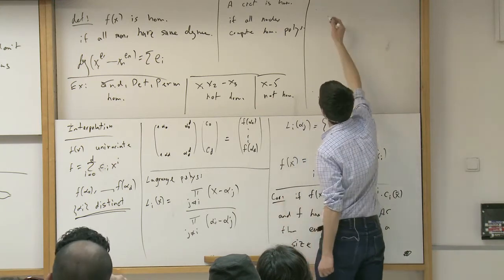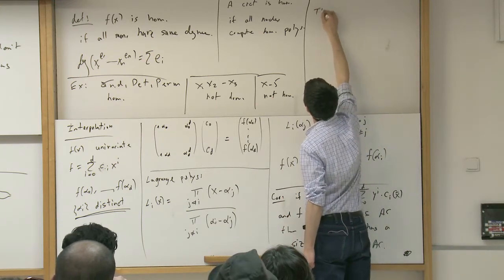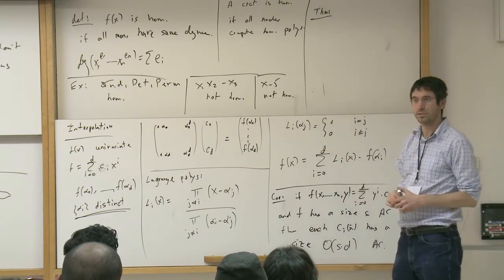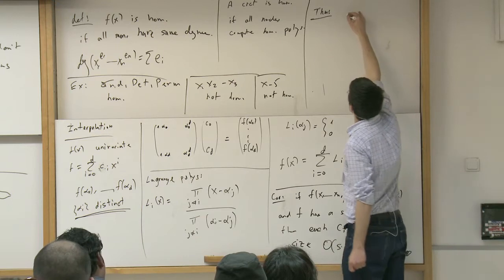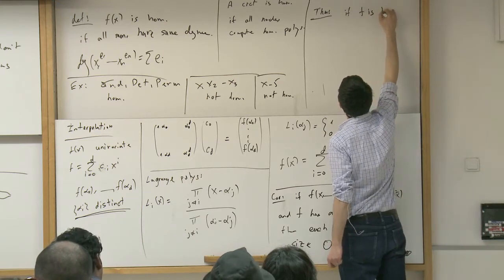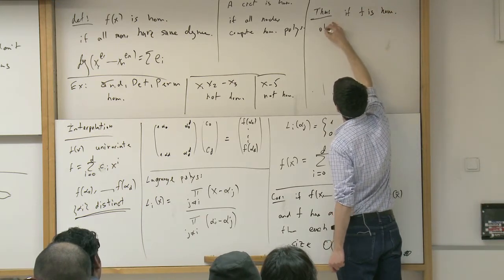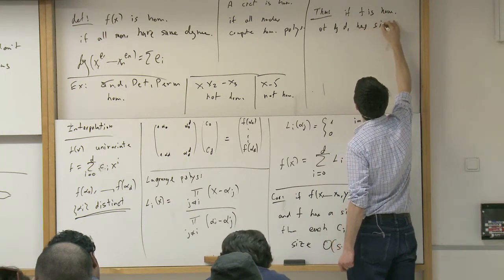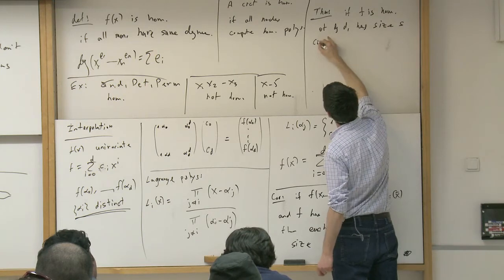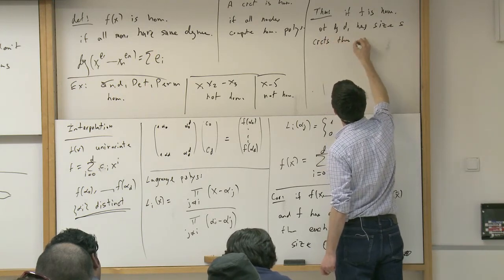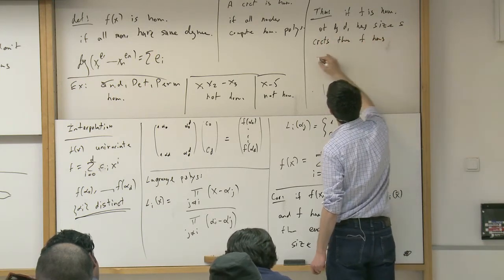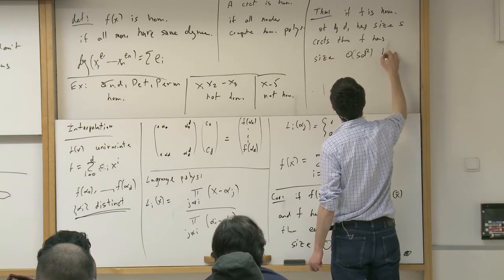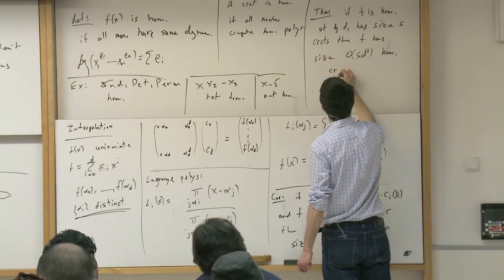And here is a theorem which is very useful and pretty simple to prove: if f is homogeneous of degree D and has size S circuits, then f has a homogeneous circuit of size O(S D squared).